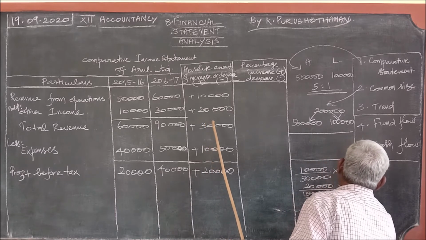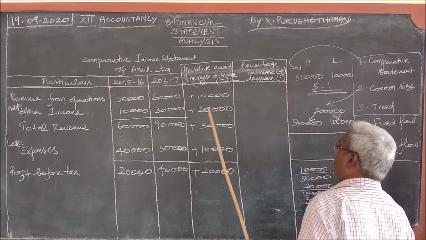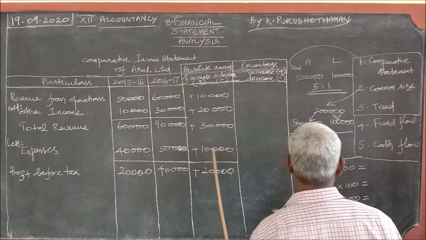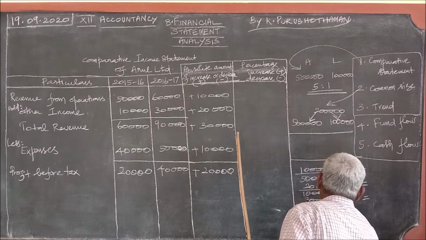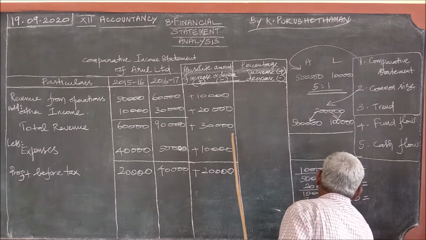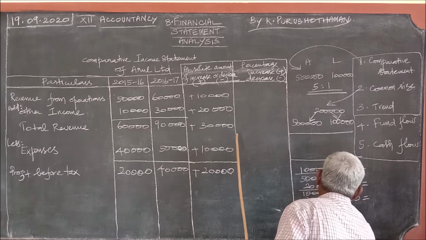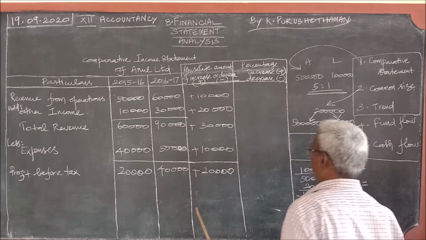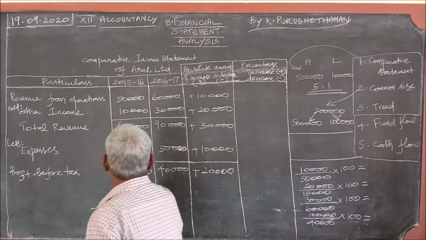How much for 100? For 40,000, the increase is 10,000. How much for 100?